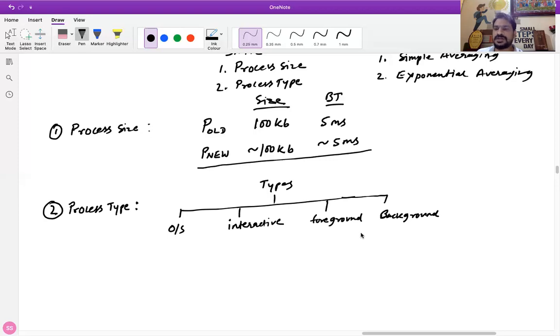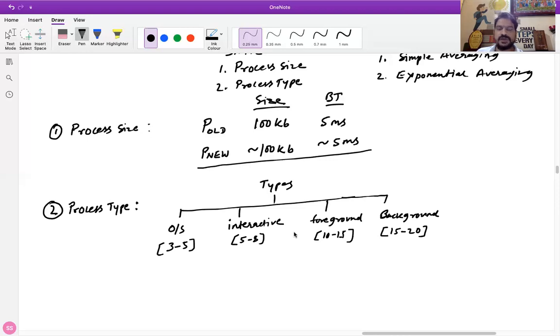All those come under background processes. Now, operating system related processes will generally take 3 to 5 units of burst time. Interactive processes will take around 5 to 8 units of burst time in the Linux operating system. Foreground processes will take around 10 to 15 units of time, and background processes slightly more than that, which is 15 to 20 units of CPU time.